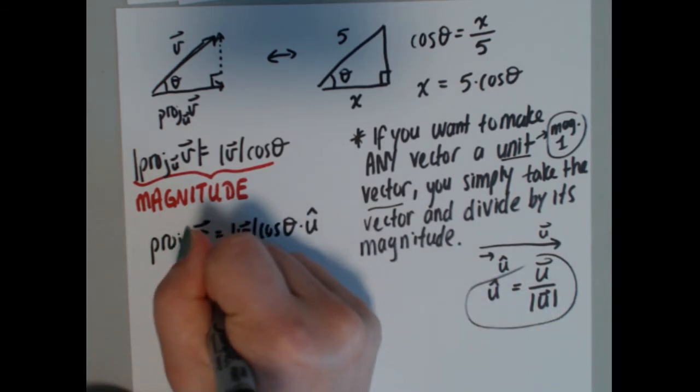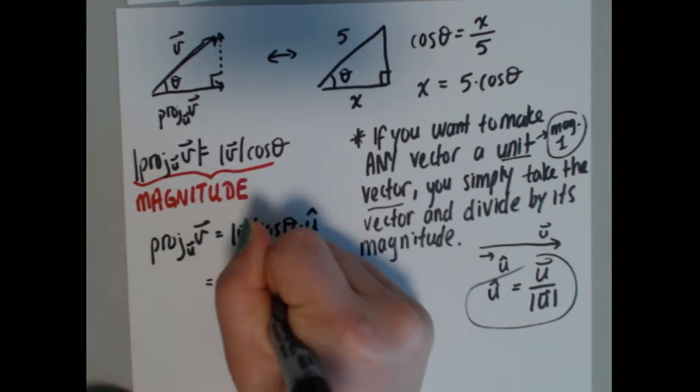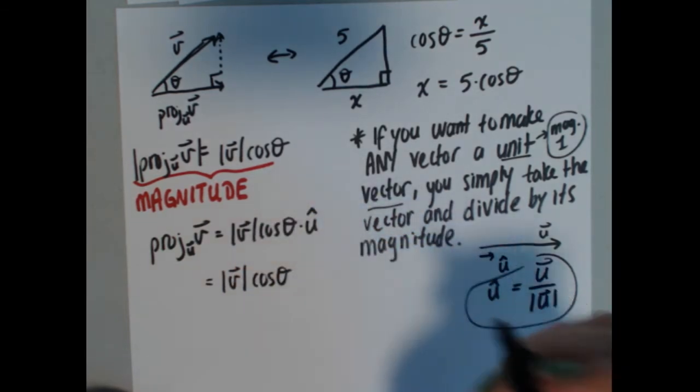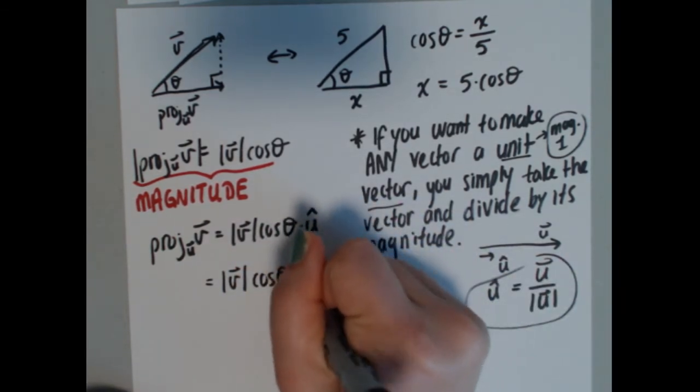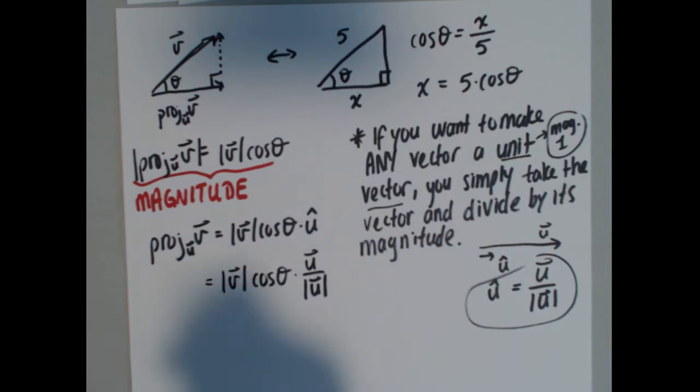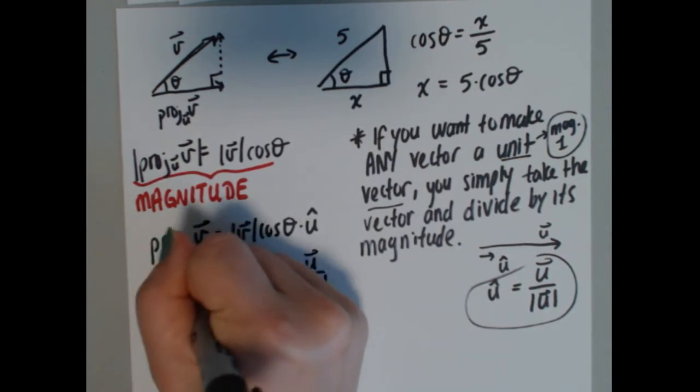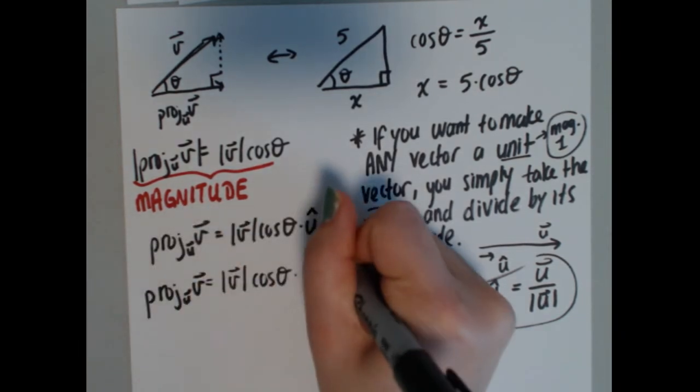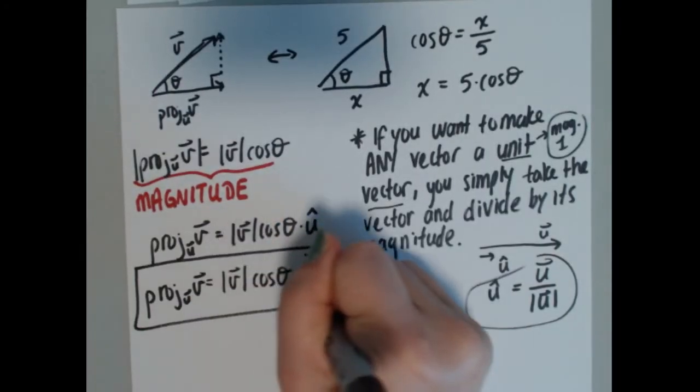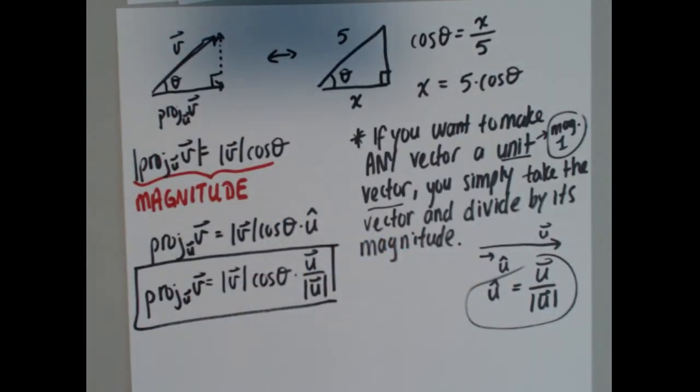So in reality, what we're going to write is this: magnitude of v times cosine of theta, times u over magnitude of u. This is the formula for the projection of vector v onto u. Very important that you remember that.